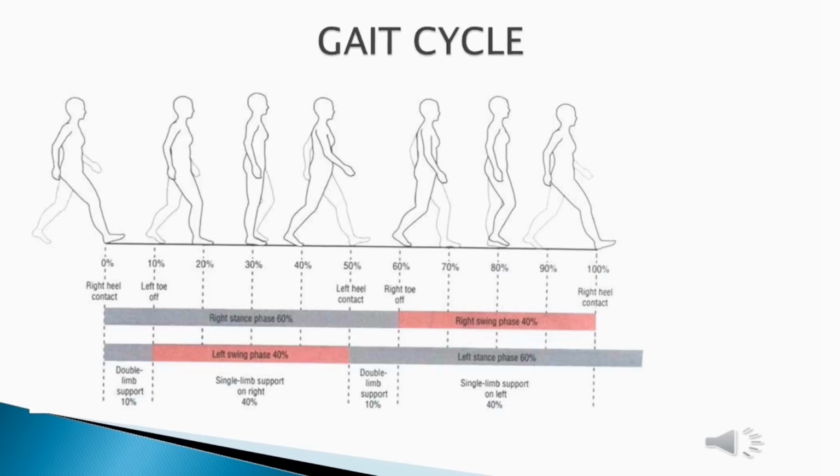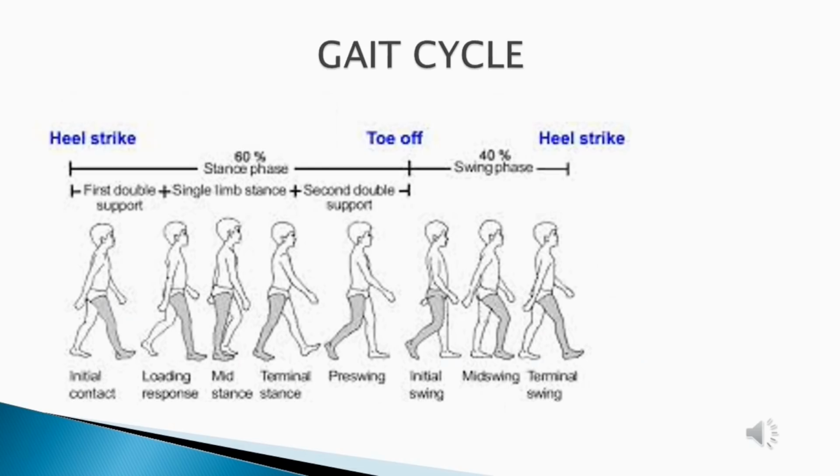Okay, so let's dissect each of these phases down a little bit more. So here we go. This is not the best or clearest diagram, but it clearly does depict several of the sub-phases of the stance phase of gait and several of the sub-phases of the swing phase of gait.